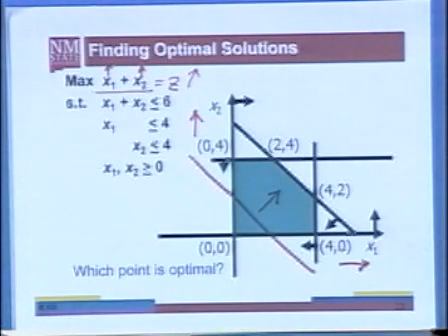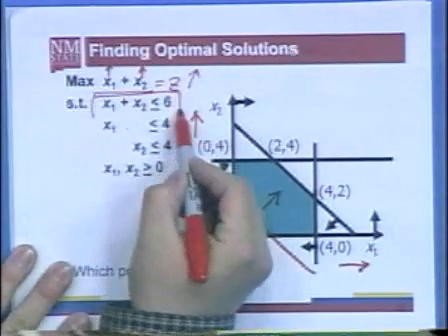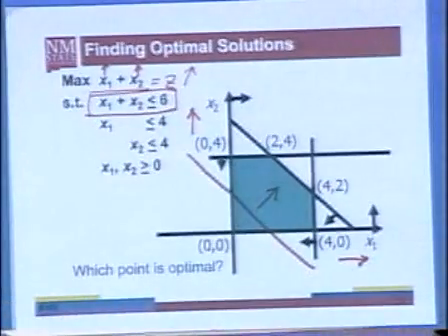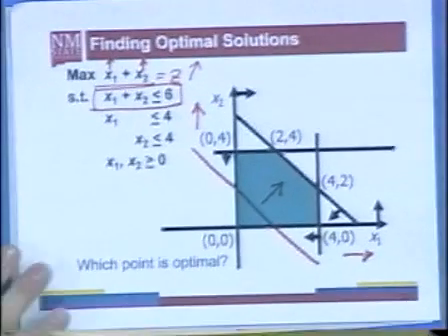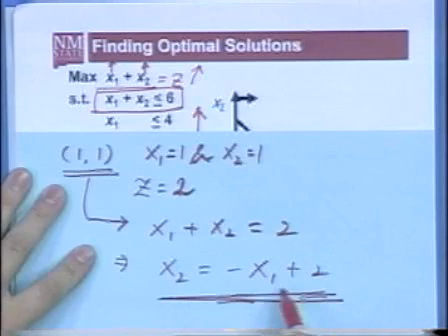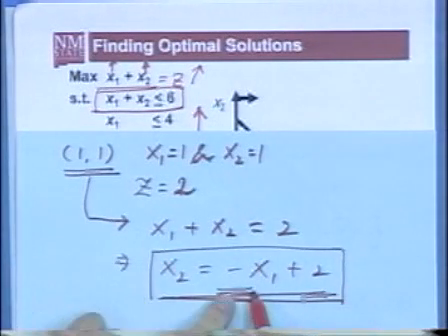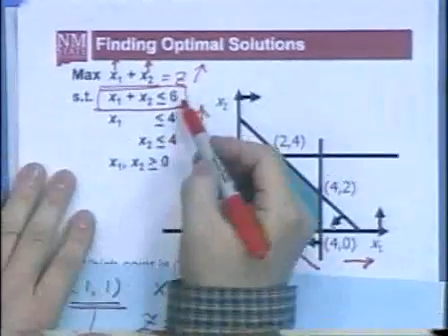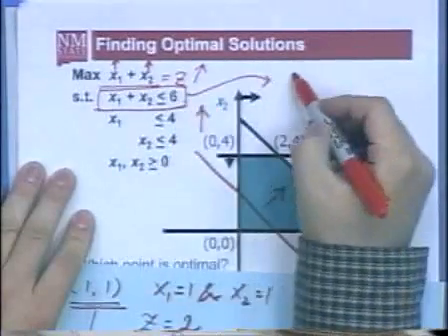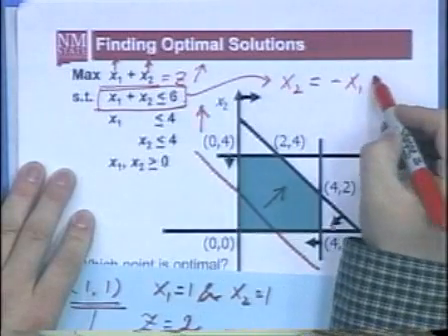However, in this case, one of the constraints, which is this constraint, has the same slope as our isovalue line, right? In our case, the isovalue line has a slope of -1, and this constraint will be like this, -x1 plus 6.